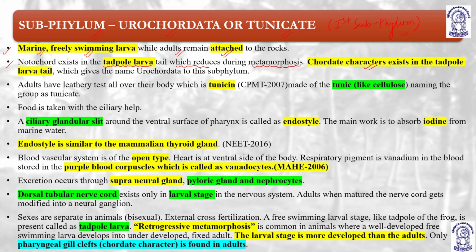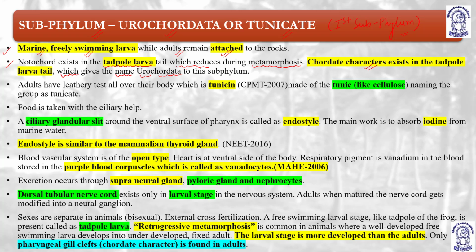Chordate characters means the fundamental characters of chordates we have remembered: the notochord, presence of dorsal nerve cord, presence of pharyngeal gill slits, dorsal nerve cord, ventral heart. These exist in the tadpole larva tail only, because of which the name is given to this subphylum Urochordata.